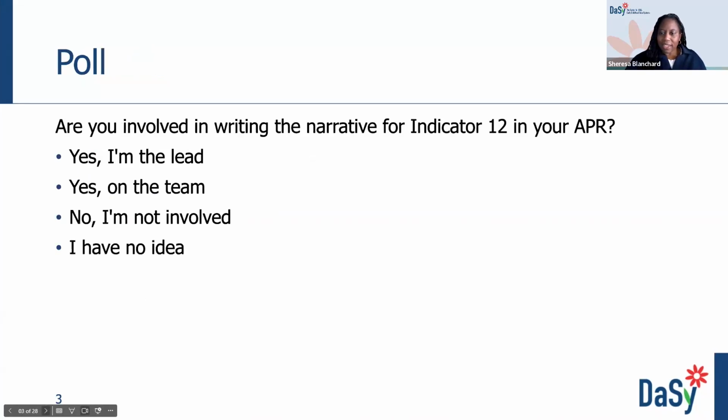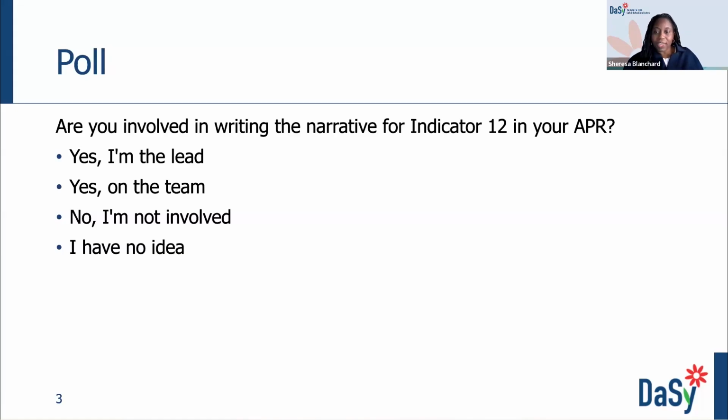But on the next slide, before we get into the content for today, we would like to know more about you and your role in writing the narrative for Indicator 12 in your APR. So you should see a poll pop up on your screen. We'd like you to share more about your role in the poll. Are you involved in writing the narrative for Indicator 12 in your APR?